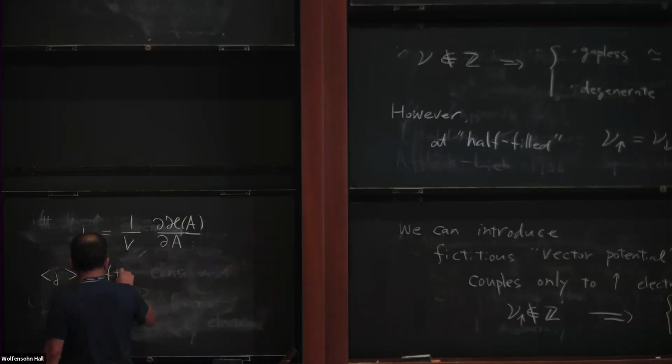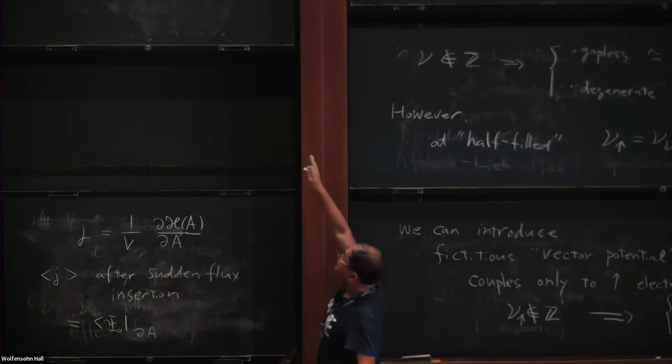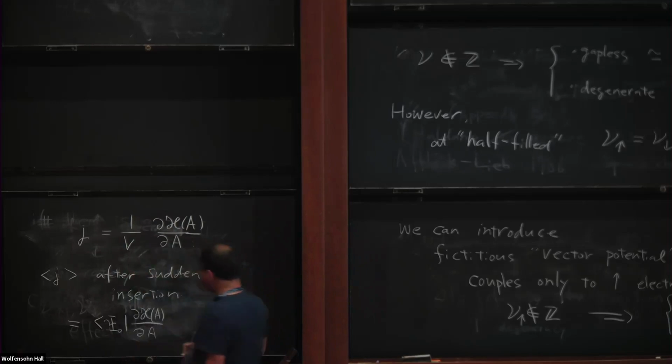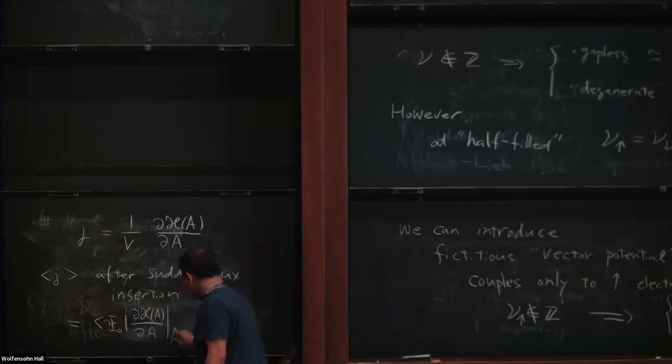It's a similar quantity: take the derivative of the Hamiltonian by vector potential, and after taking the derivative, you set the value of vector potential to be the final value of the vector potential.